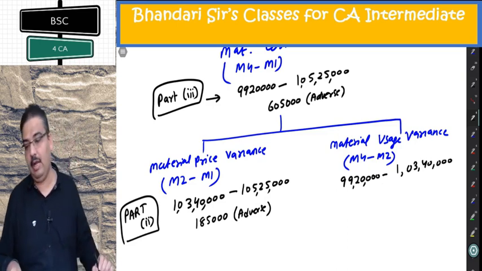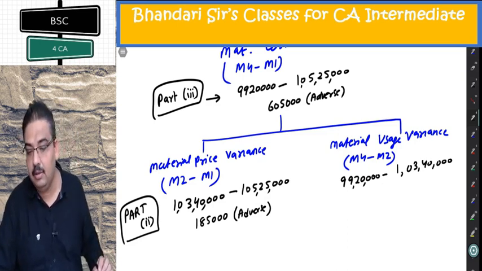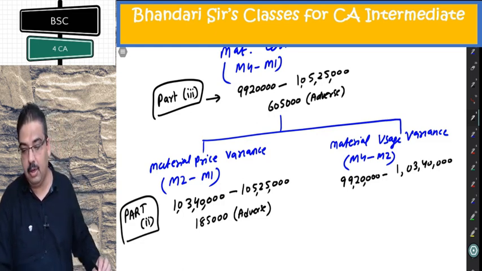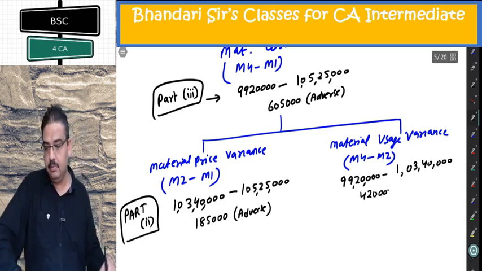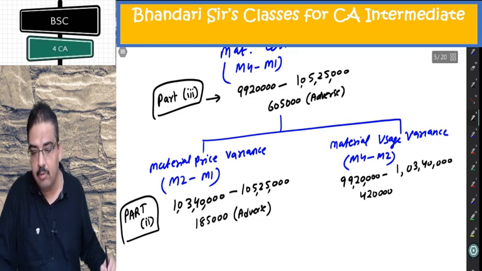I'm getting 4 lakh 20,000 adverse. This is part. Which part is this? This is third part.